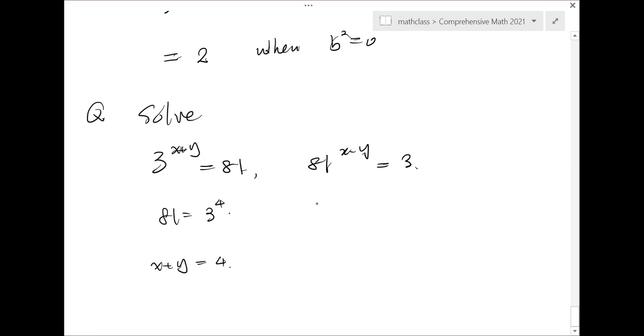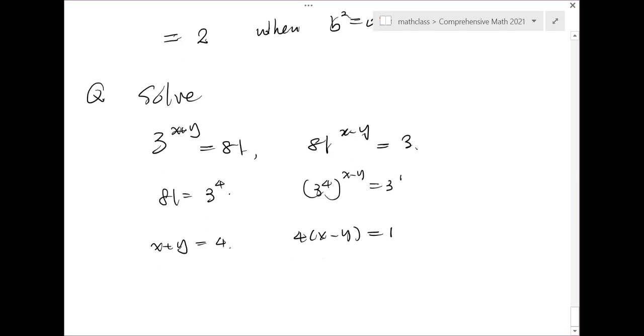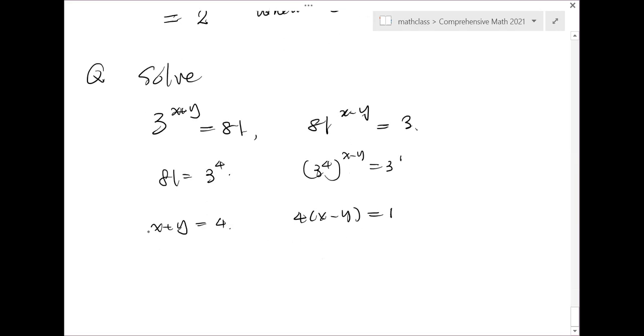Now this side is going to be 3 to the fourth power, x minus y equals 3, so it's 4 times x minus y equals 1. Okay, combine them. Solving these two linear equations, you get x equals, I'm not going to repeat it, and y is going to be 15 over 8. Okay, that's great.